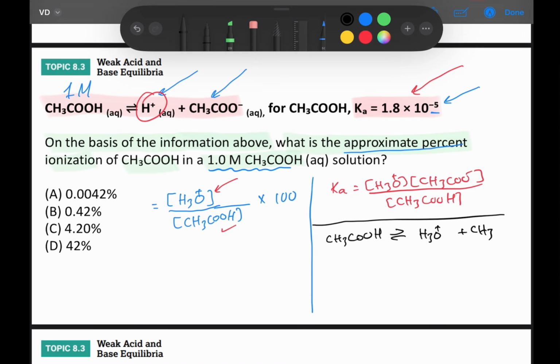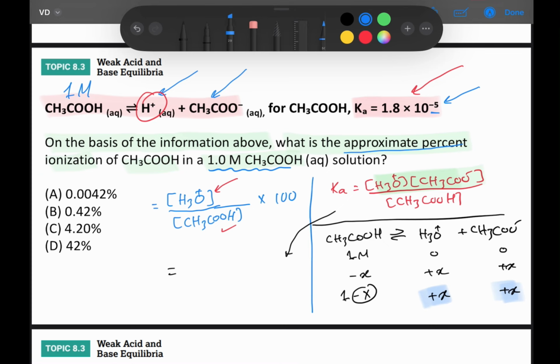If we write the value of Ka right here, we can say it's the concentration of the hydronium ion and the conjugate base, and they're equal to x's, as we can see. Here we have x and x, so the value is going to be x squared over, we neglect this part because we don't have quadratic equations in AP exams, so I just put 1 right here, and the value of Ka is given to us, which is 1.8 times 10 to the power negative 5.